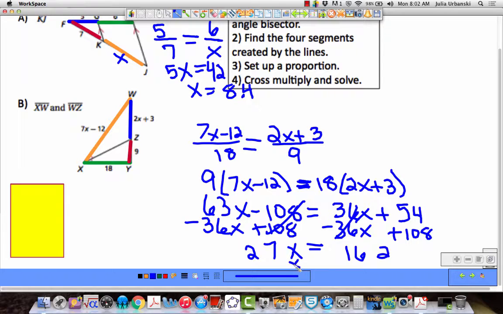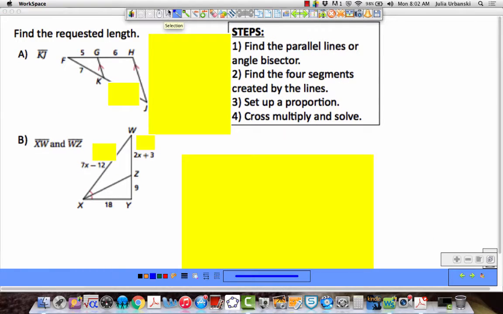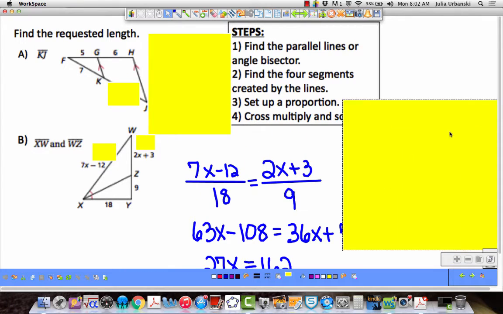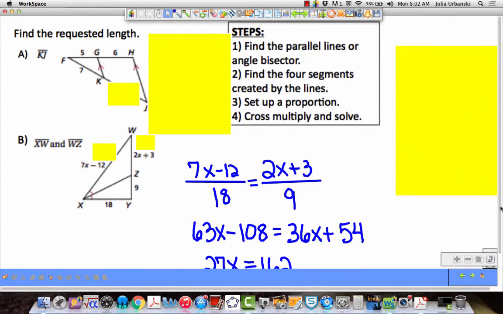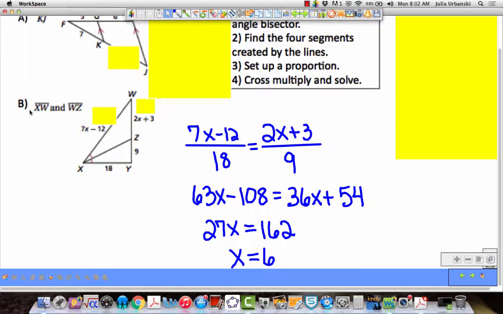Alright, good. Now, let's go back and read the question though. If x equals 6, that's a good thing. But, is it the final answer? You have to plug it in, that's right. The question is, what's VX, XW, and WZ?